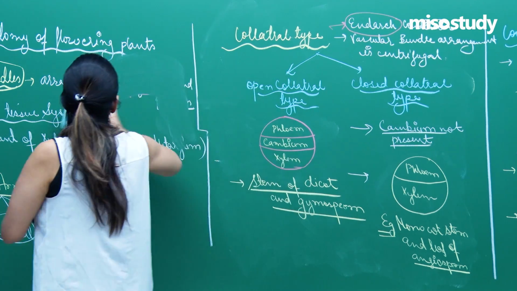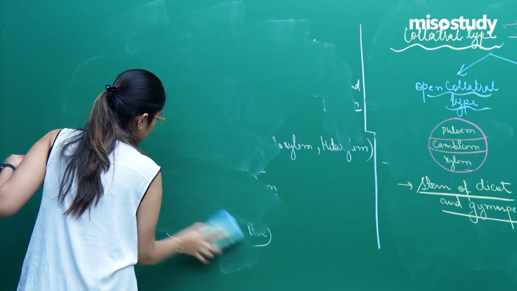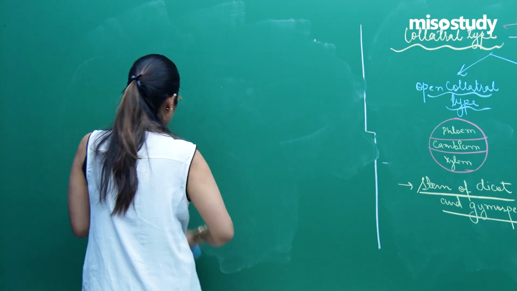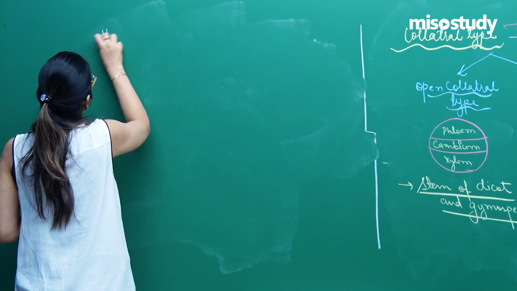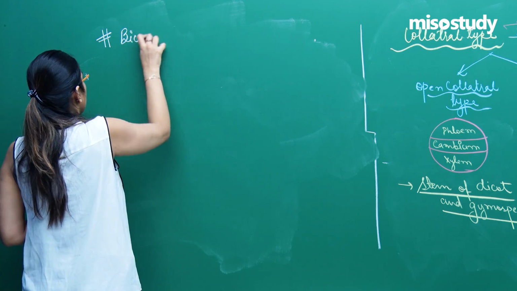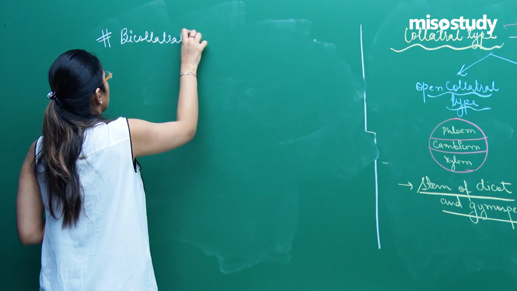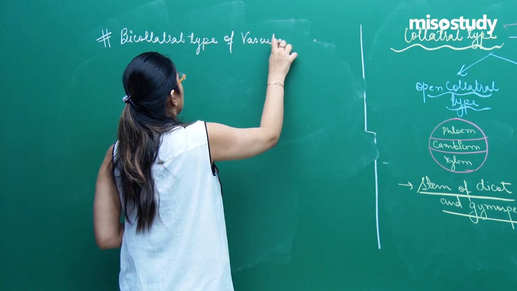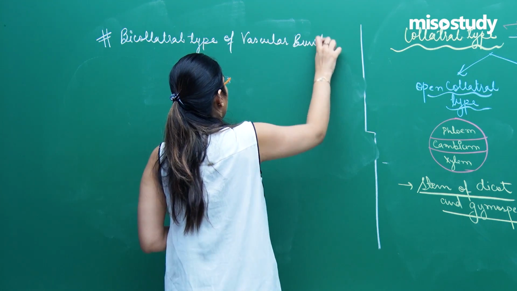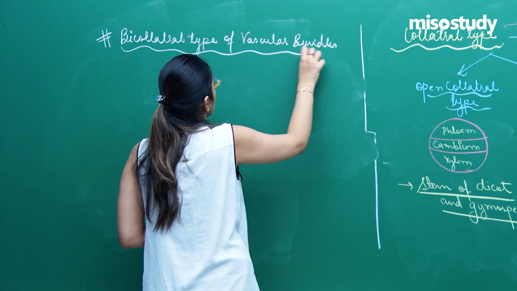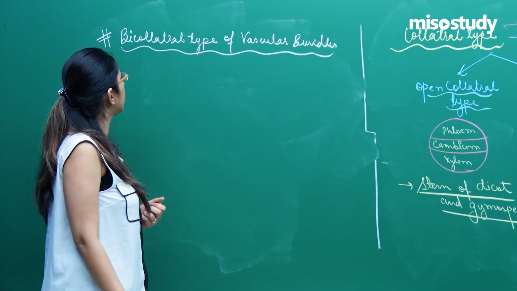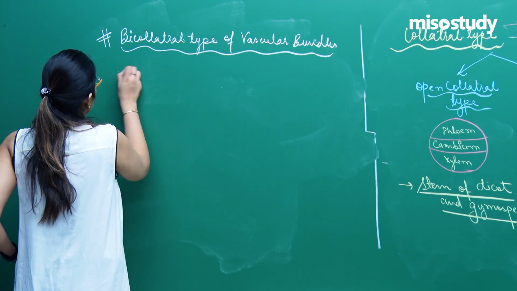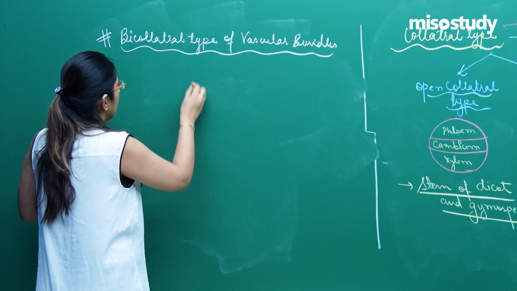This is the second type, collateral type. Let's discuss the bicollateral type. As I've told you, in bicollateral we have two phloem and two cambium. Now, what is the position of these vascular bundles in bicollateral type? Let's first look at the arrangement.